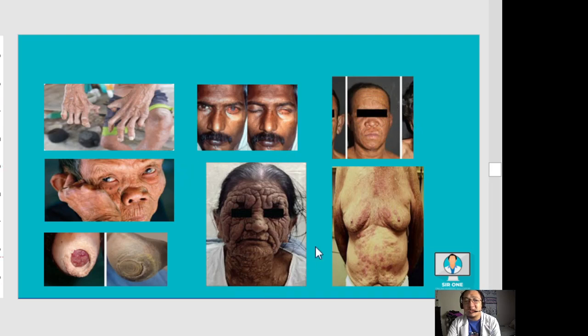We have the leonine face. Then we have the loss of the nose bridge, then ulcers that do not heal even with treatment. Then we have gynecomastia with the presence of lesions on a male patient.